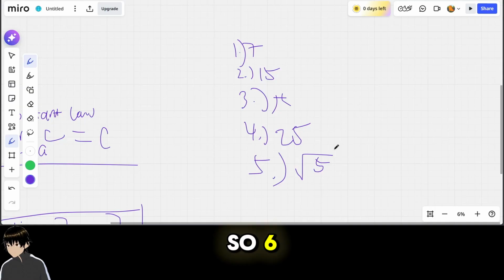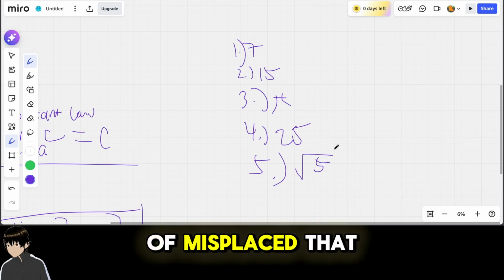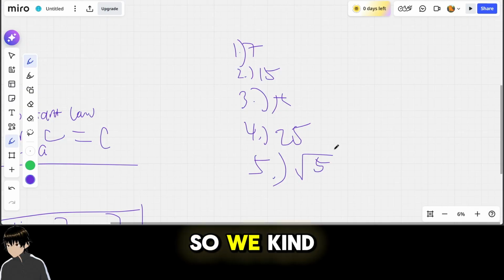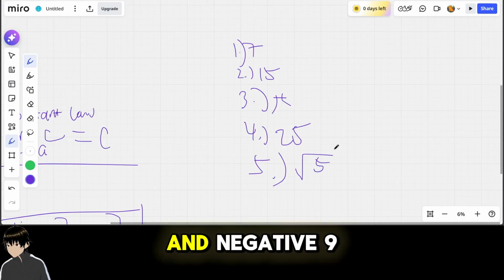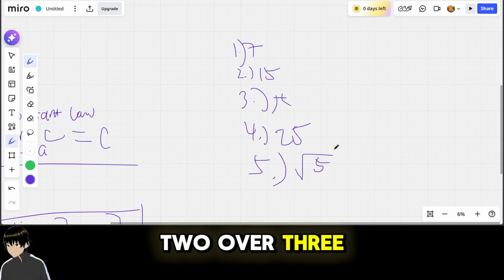Oh, it's actually 25 there, and this is actually pi, and this is actually negative 9. I kind of misplaced that. And we got 2 over 3.